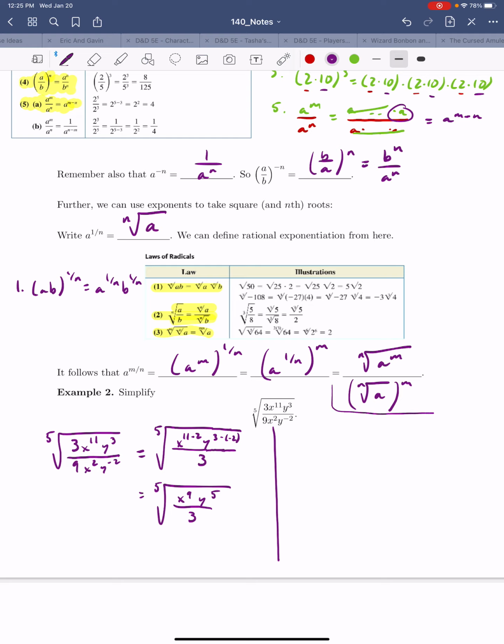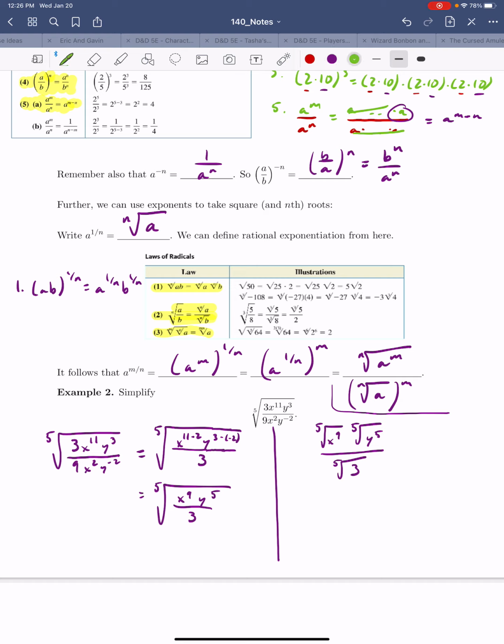At this point, notice that we can think of this fraction as the 5th root of x to the 9th times the 5th root of y to the 5th, all over the 5th root of 3.